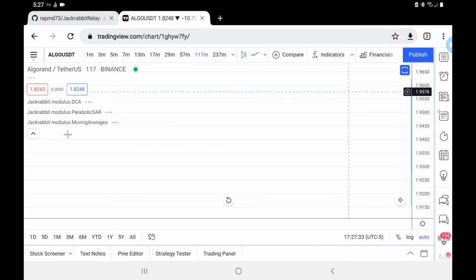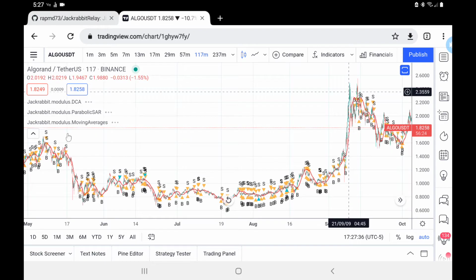Let's go find some more coins. Some coins that are difficult to deal with.